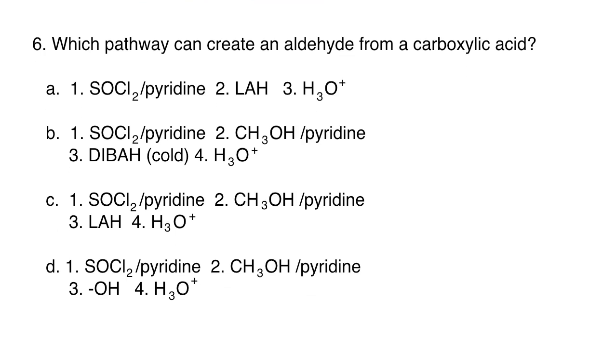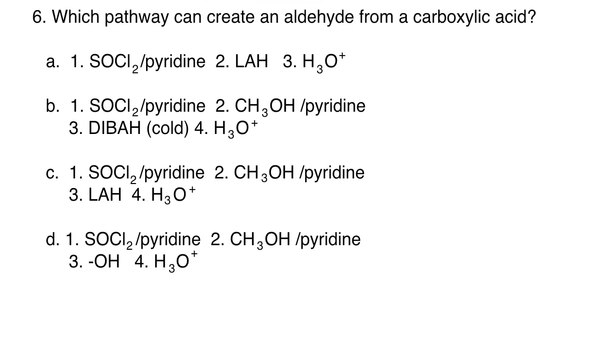All right, and then finally, which pathway can create an aldehyde from a carboxylic acid? So we need a general carboxylic acid over here that we're going to work with. Doesn't matter what you picked. Okay, and then we are going to apply these reagents. I'm going to just abbreviate to keep all the writing to a minimum of structures, but hopefully you can follow along with this.